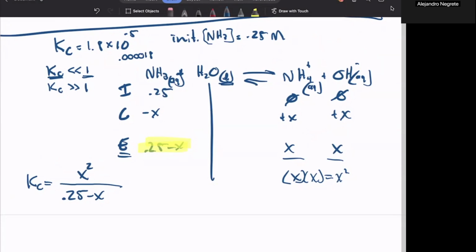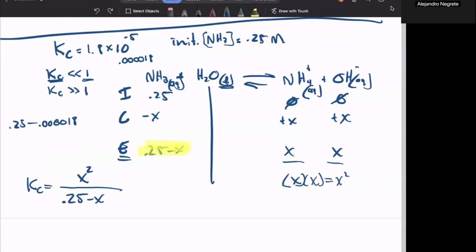And because it's a lot smaller than 1, 0.25 minus 0.000018, because K sub C is so small compared to the initial concentration, we can ignore this x here. We can simply just ignore it.